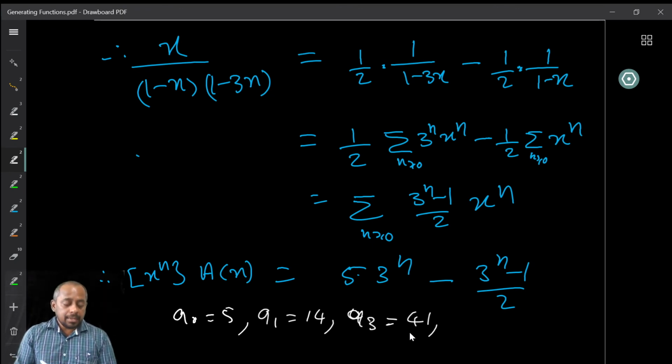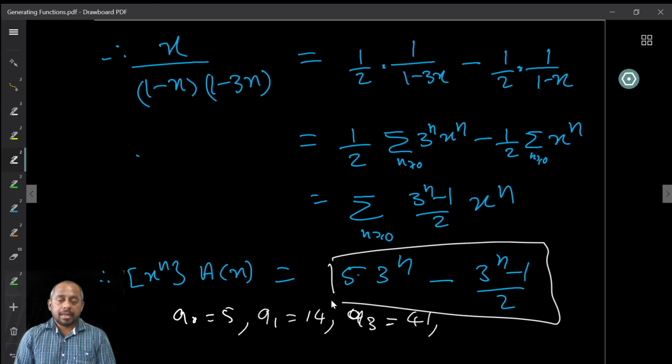Now, if you want to really make sure that you have not made any mistake, one thing you can do is to use this now, right? So this is your hypothesis, and then you can use induction, right? So take this as a hypothesis, and then use induction to prove the recurrence relation, right? So you have the initial conditions, then you have the induction hypothesis, and then apply induction.